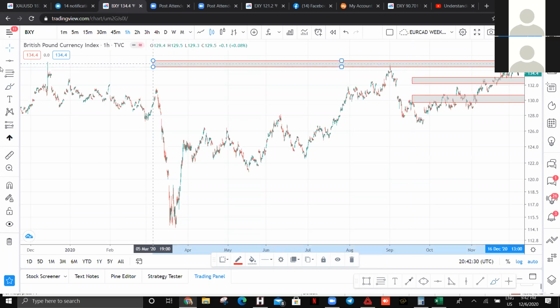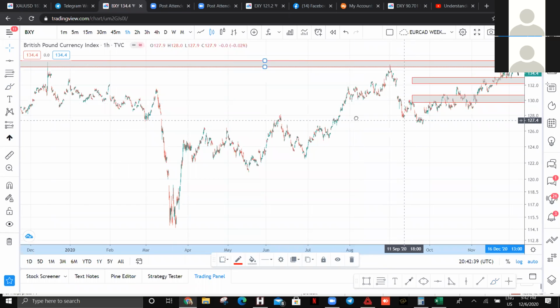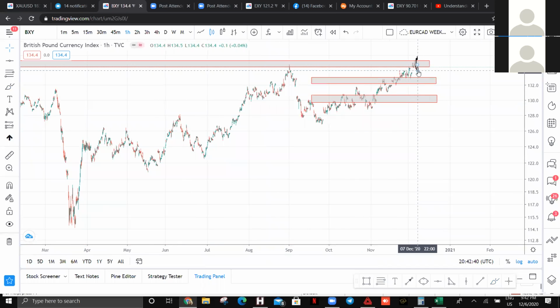There's a tendency for price to go down, look at the wick here. You can see this here. So this is a powerful resistance zone. Look at it here again. Let me clean this marker sign.